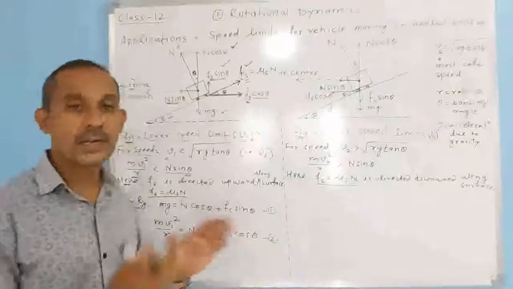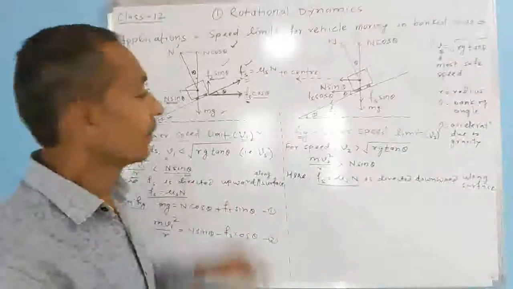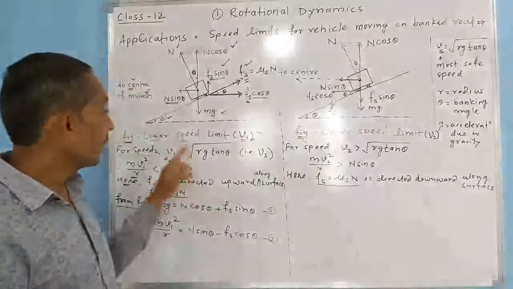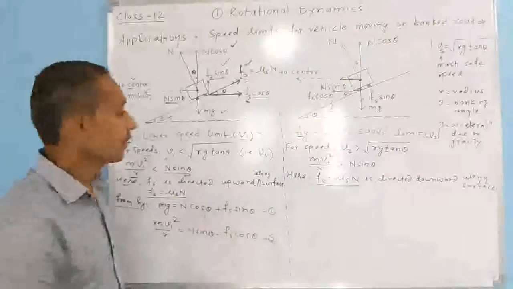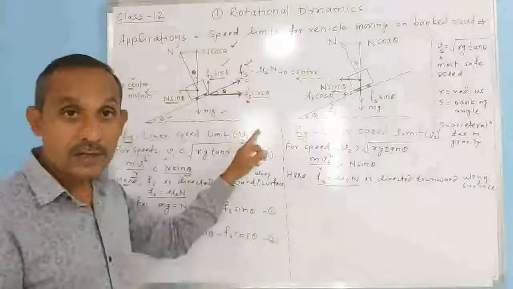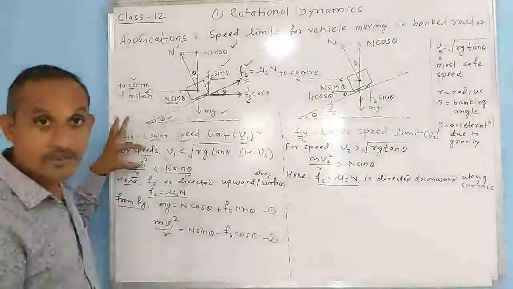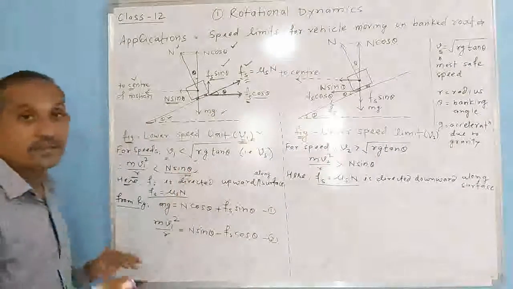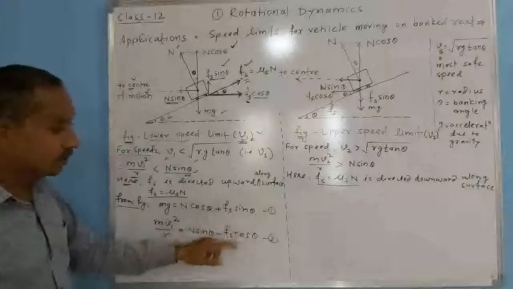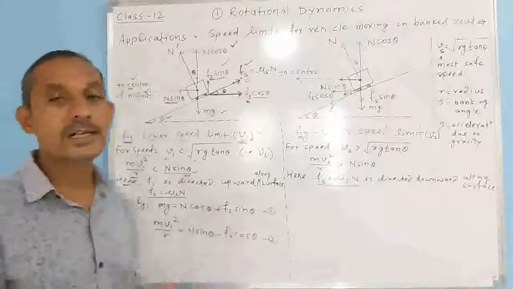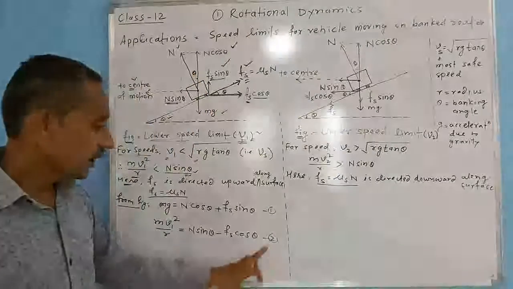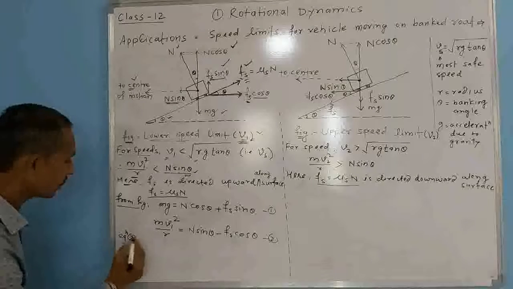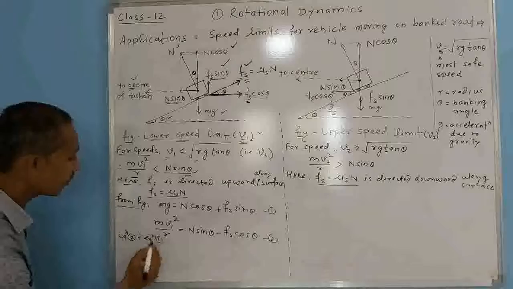Equations 1 and 2 we can write from the given figure, whenever the vehicle is moving with the lower speeds, that is, with these conditions. Now, equation 2 divided by equation 1.